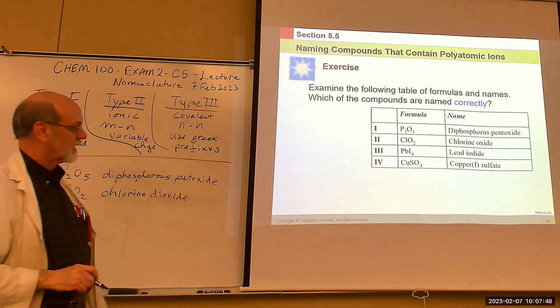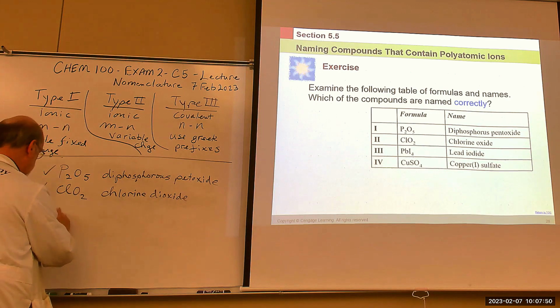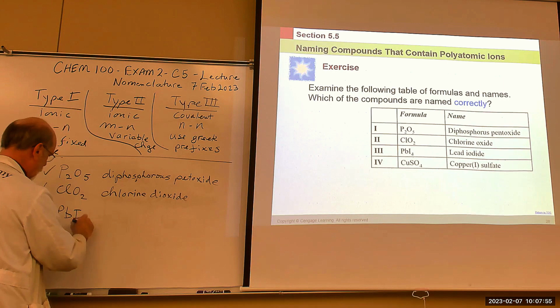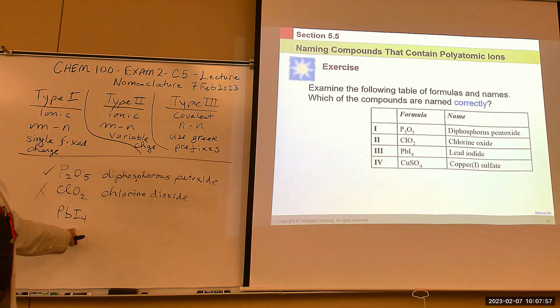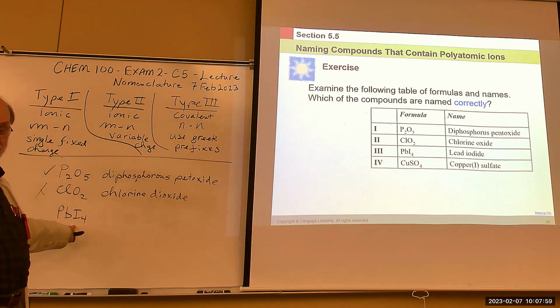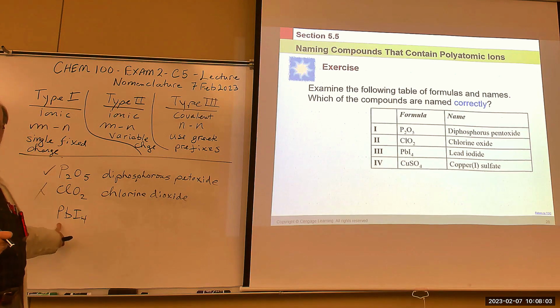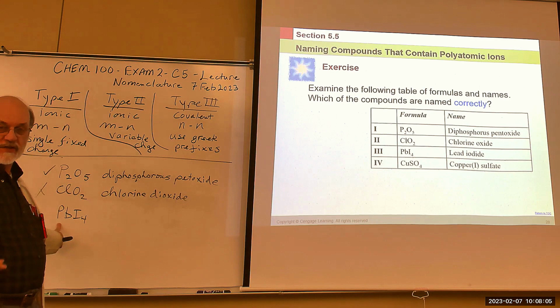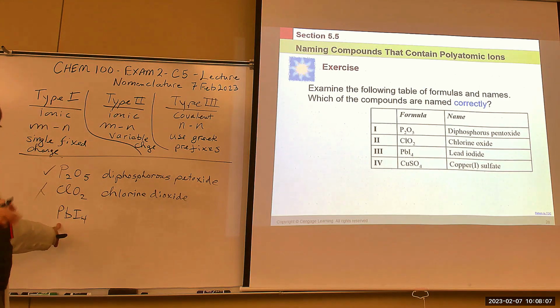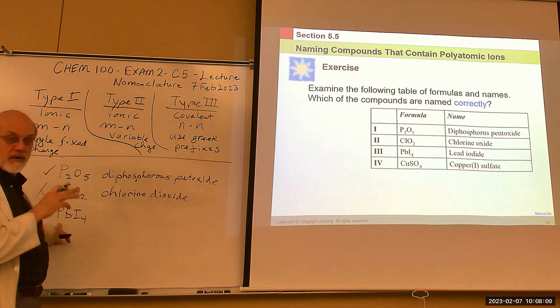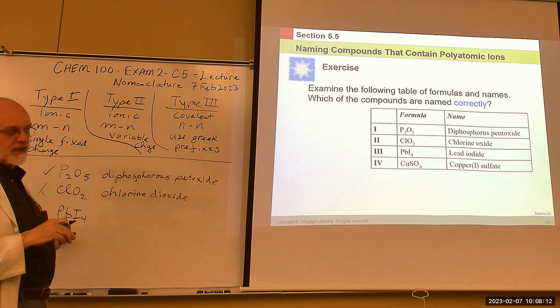Theirs is wrong. How about PbI4? What type of compound is this? Well, it's a metal and a non-metal, so it's a 1 or a 2. And then the lead comes from transition metals. Actually, it's not a transition, I'm sorry.